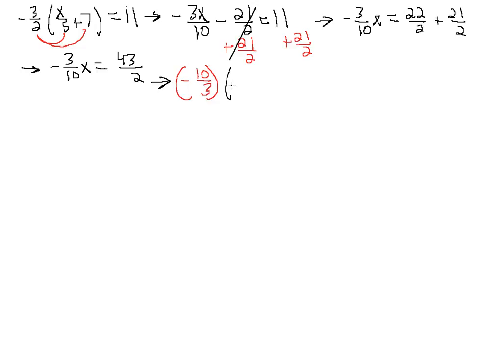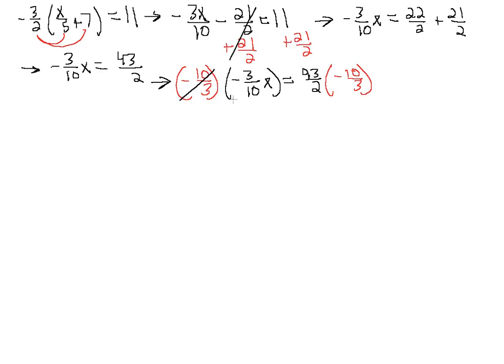And we have minus 3/10 x equals, on the other side we have 43 over 2. And we're multiplying by the same minus 10 over 3. Okay.